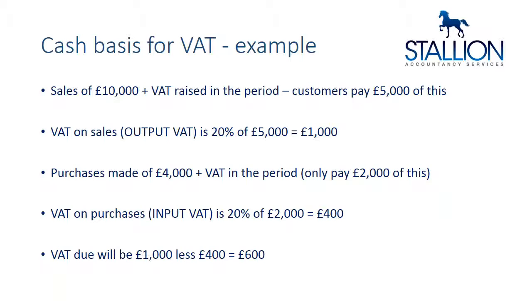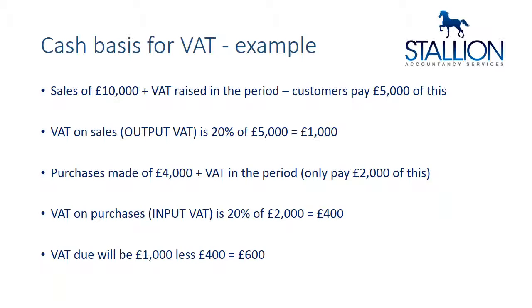Again, using the purchase example, let's assume that you make purchases of £4,000 plus VAT in the period, but you only actually pay 2,000 of these. Well, the input VAT on your purchases will be 20% of the 2,000 paid, which will be input VAT of £400.